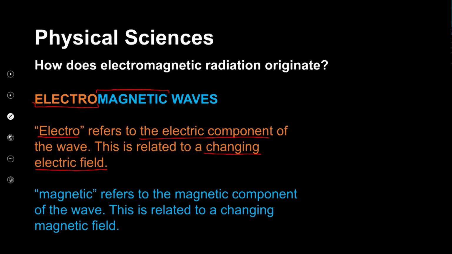The second word, magnetic, again in the same vein, refers to the magnetic component of the wave. And again, it relates how a part of the wave, a component of the wave, is made up of a changing magnetic field.